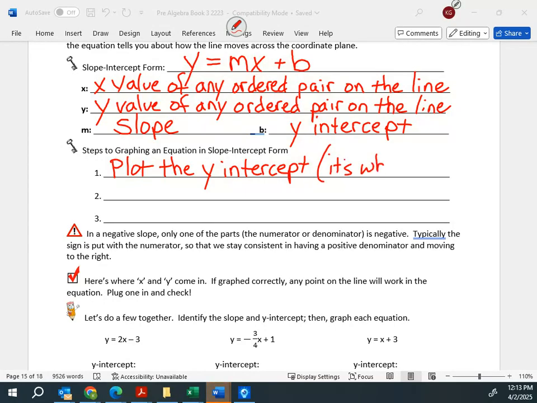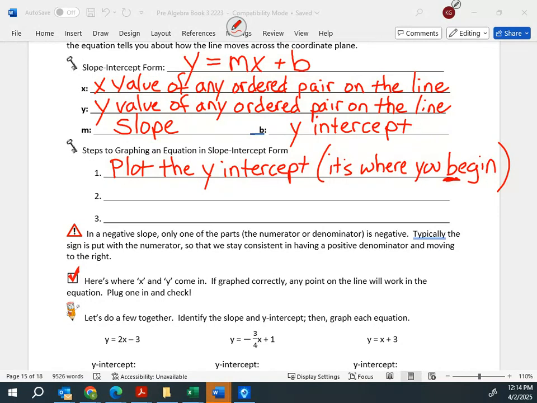It's where you begin, which starts with the b. So the first thing you do is the b, the y-intercept, the beginning.